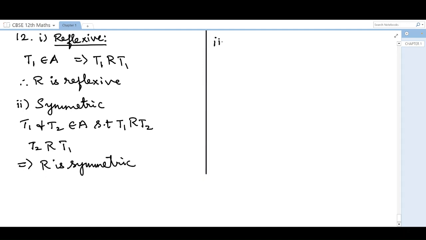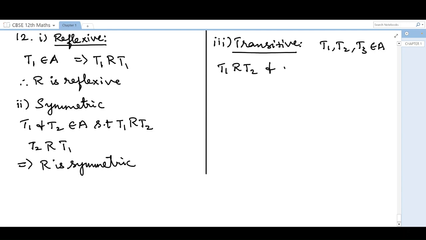Third one, transitive. So let us take three triangles T1, T2 and T3 from the given set A such that T1 is related to T2 and T2 is related to T3. So T1 is similar to T2 implies the corresponding angles are congruent and their sides are in proportion. Also T2 is similar to T3, therefore their corresponding angles are congruent and their corresponding sides are in proportion.